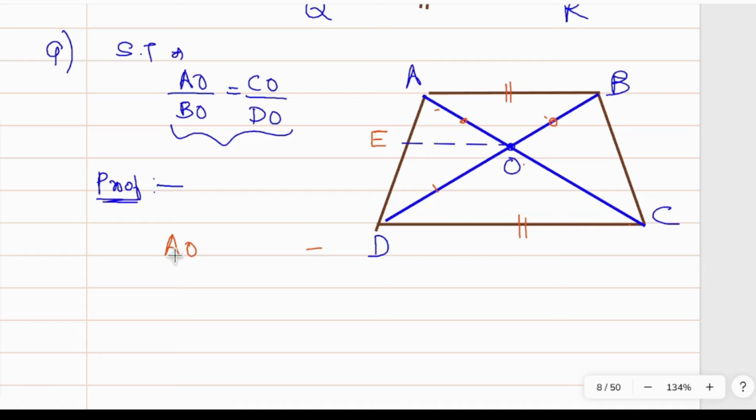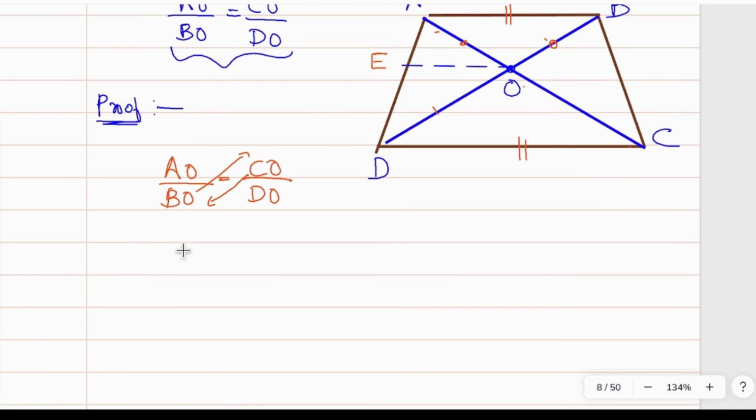So AO by BO equal to CO by DO can now be rearranged. What I'll do is take OC to the denominator and OB to the numerator. Okay. So what I will get is AO by CO equal to BO by DO.